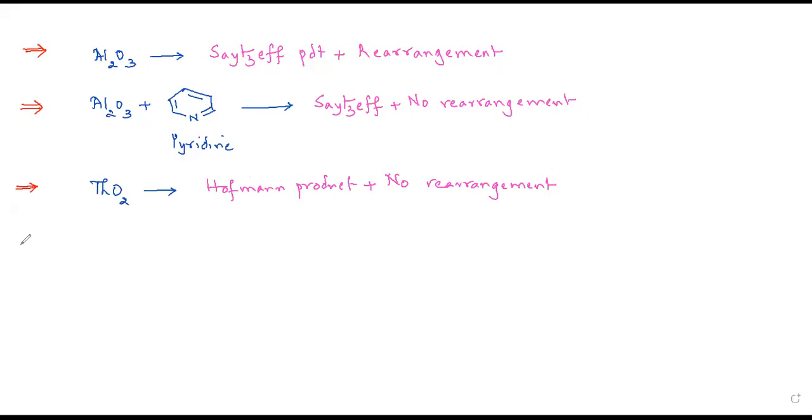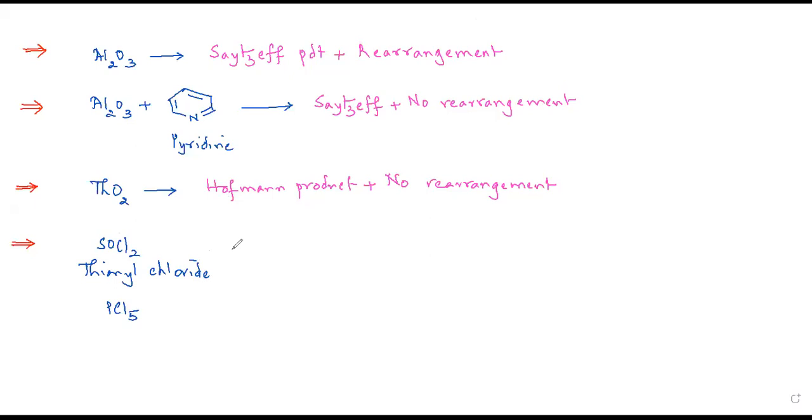Now there is a thionyl chloride, there is also PCl5. These two, say this is thionyl chloride. SO2Cl2 is sulfuryl chloride, but this is thionyl chloride.